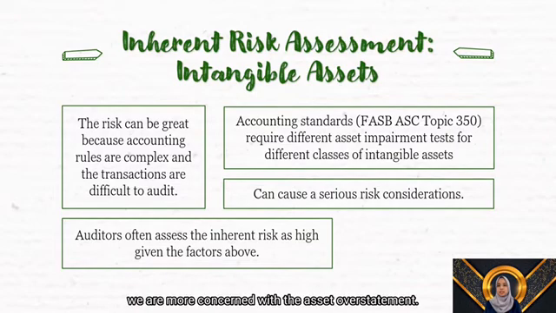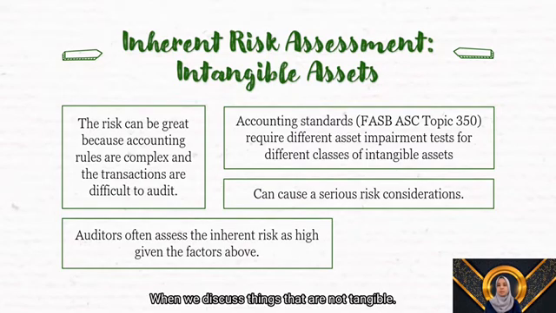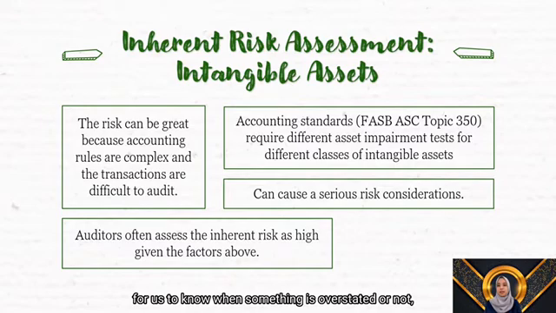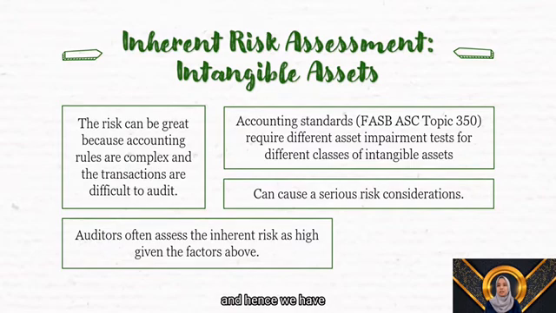Of course, we are more concerned with the asset overstatement when we discuss things that are not tangible. Then it becomes riskier for us to know when something is overstated or not, and hence we have these various asset impairment tests that will be seen.